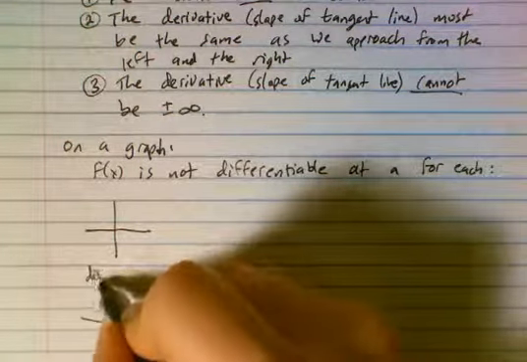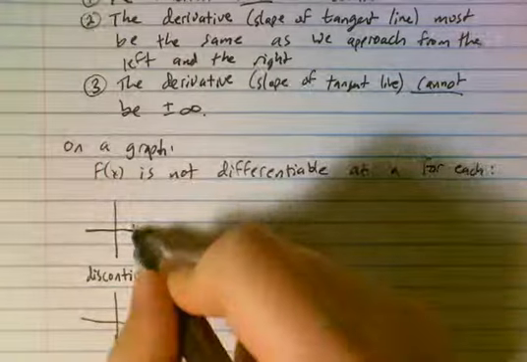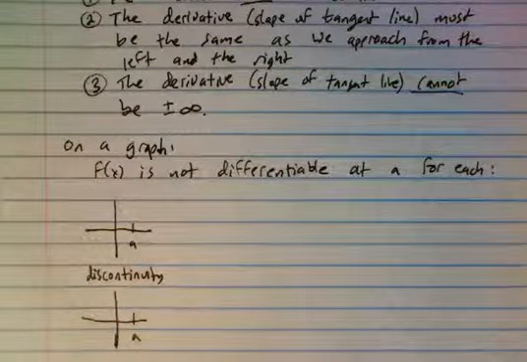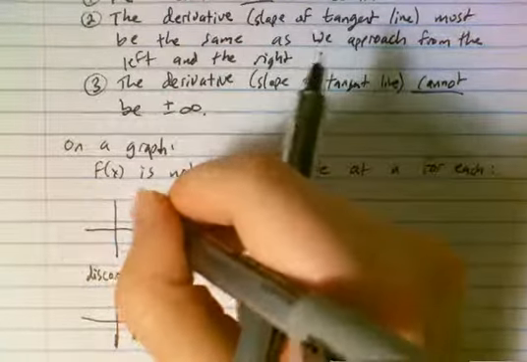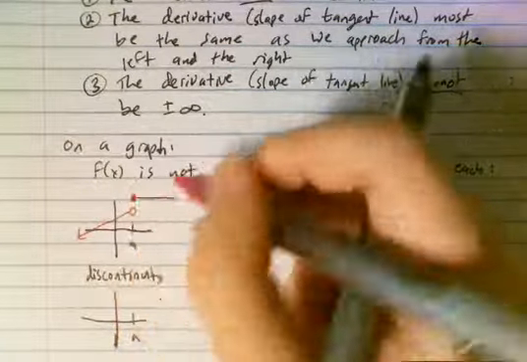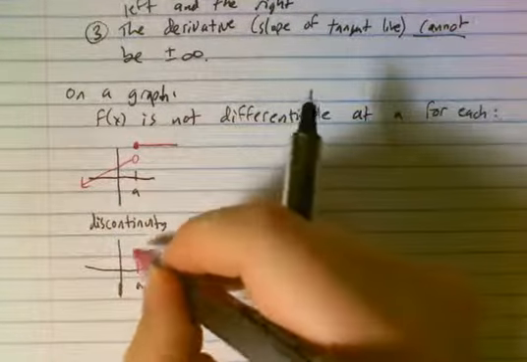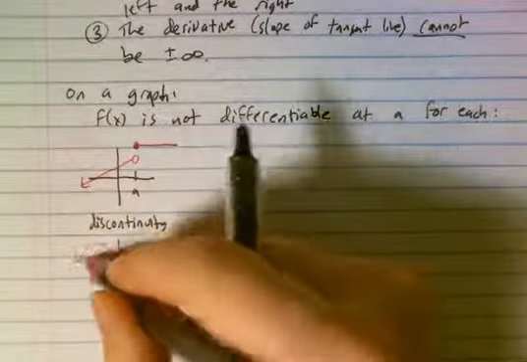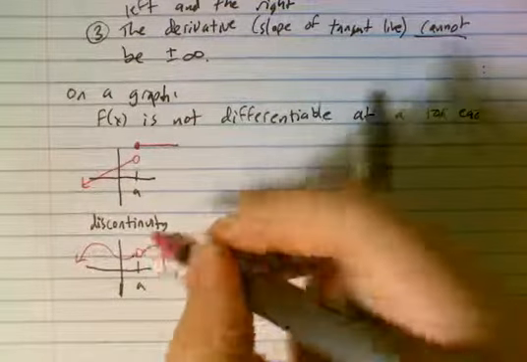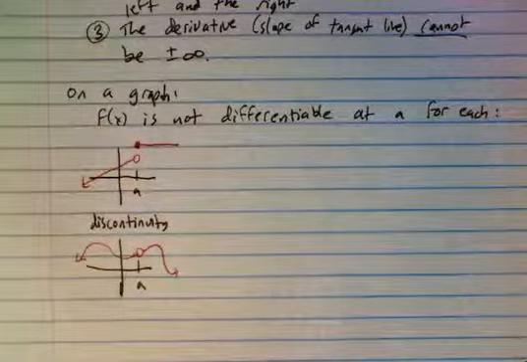If there is a discontinuity, so that'd be like this, not differentiable, or here, even though there is a limit, it is not continuous, so f of x is not differentiable.